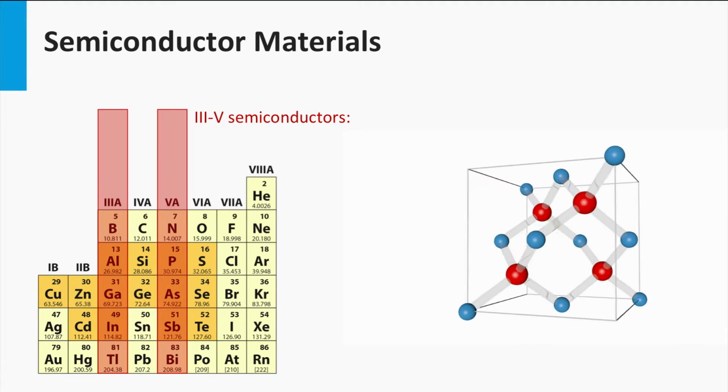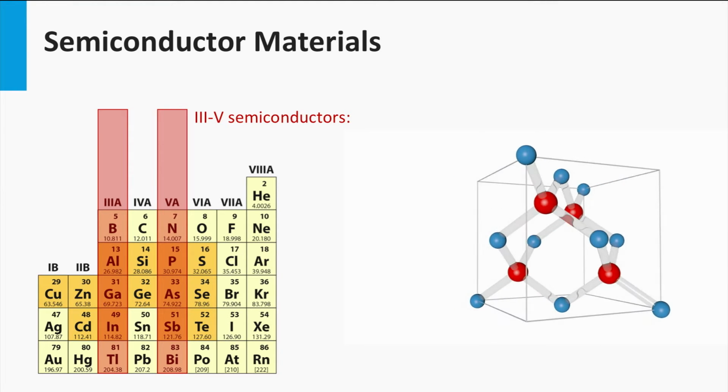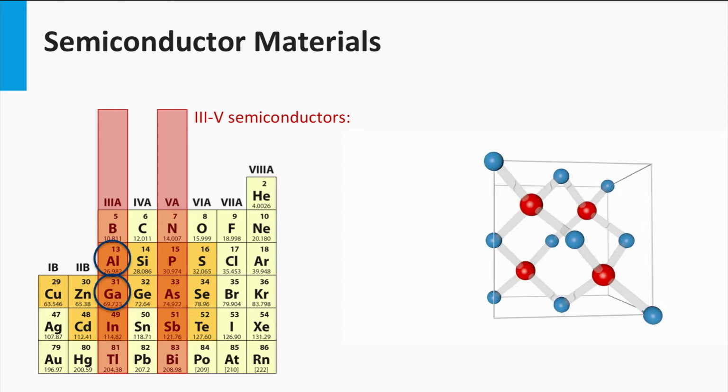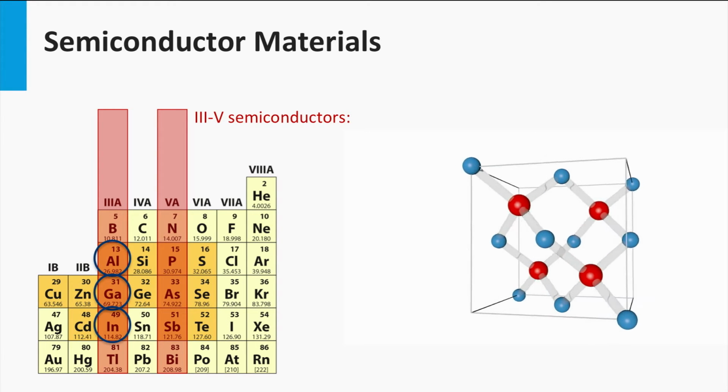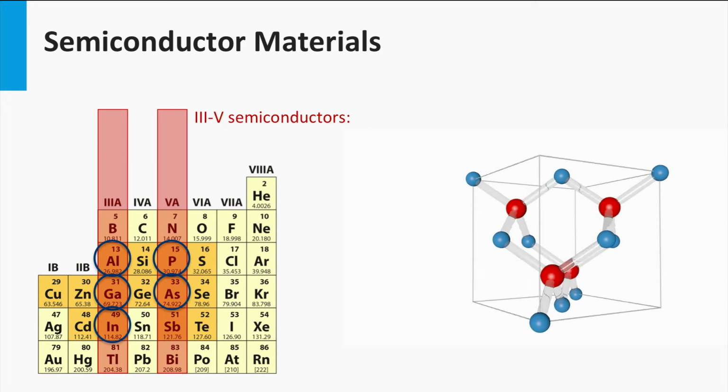The 3-5 materials are based on 3 valence electron elements like aluminum, gallium and indium, and the 5 valence electron materials as phosphorus and arsenic.